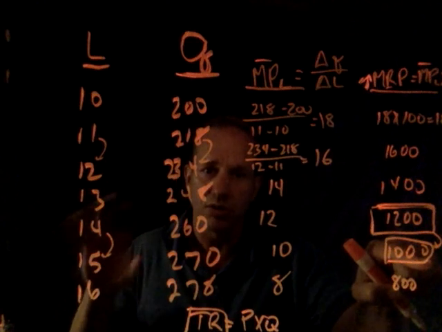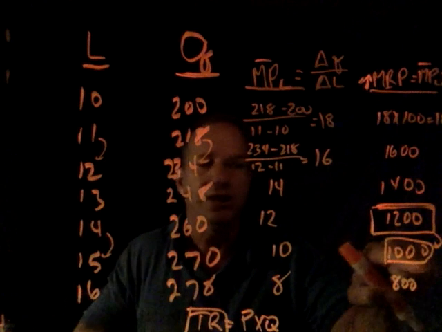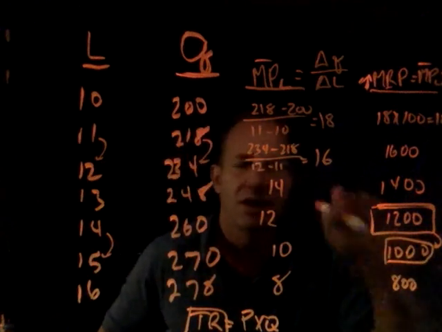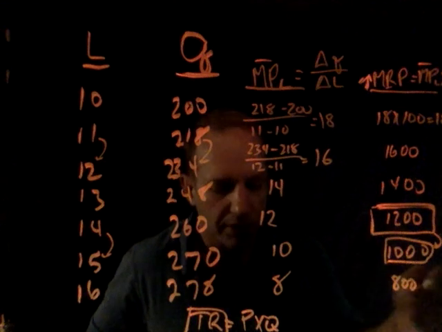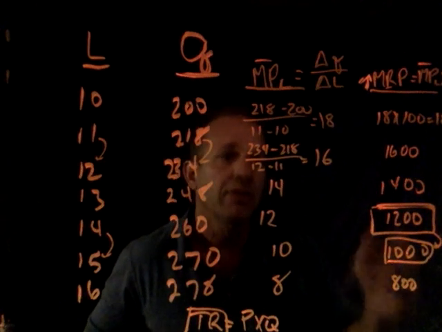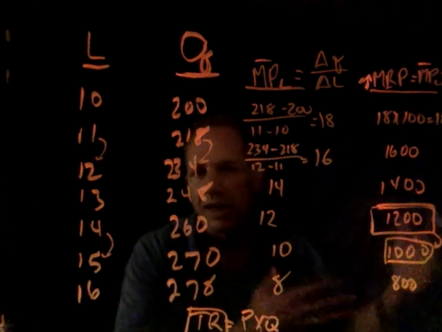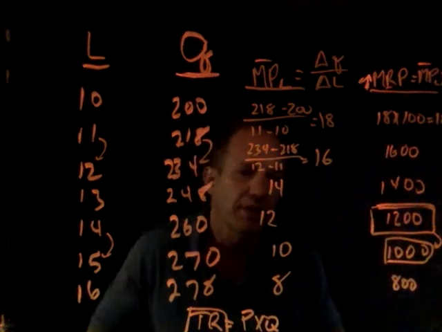And the workers are still costing them $1,200 each, so now the 15th worker would be worth hiring instead of stopping at the 14th worker. So they would hire the 15th worker if demand were high enough that they could get a higher price such that we could add $200 to each of these marginal revenue products.